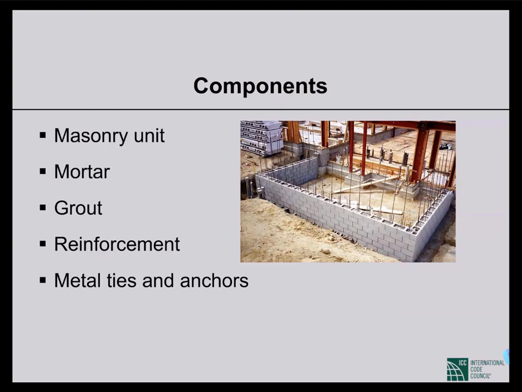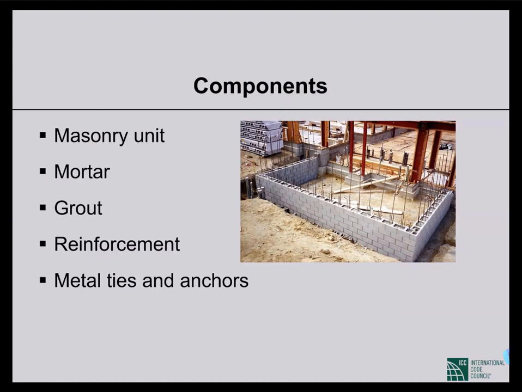Then metal ties and anchors. Anchors are used to tie the masonry walls or columns with the foundation or with other concrete or stiff members. And metal ties are mainly used in multi-leaf walls, like cavity walls, where we have two layers of bricks.